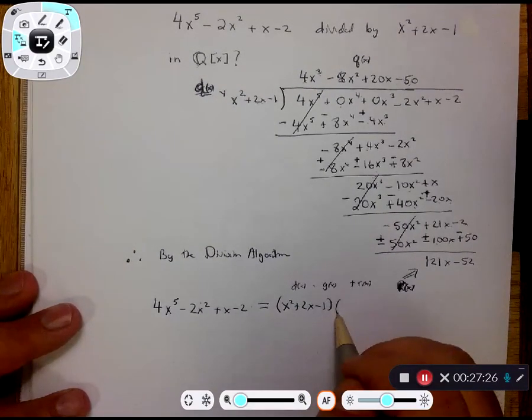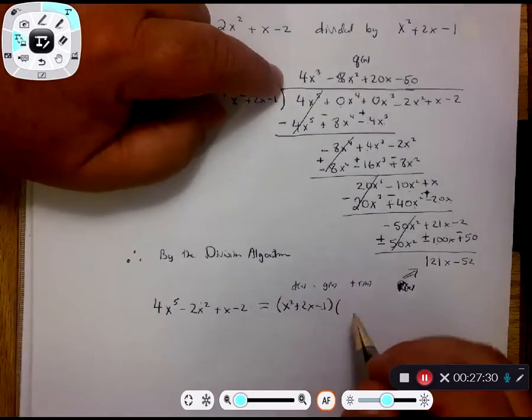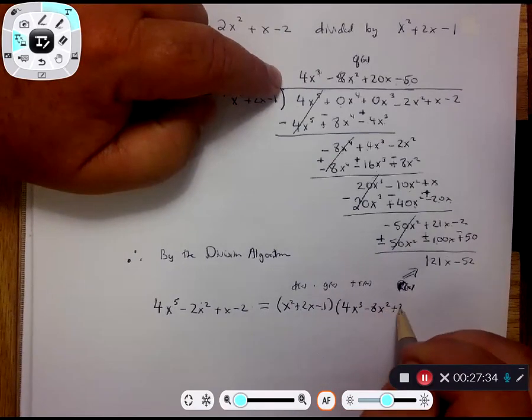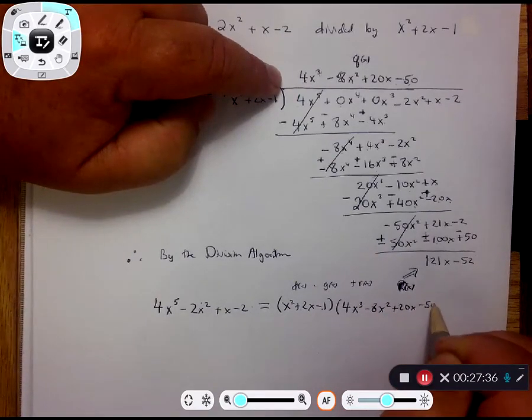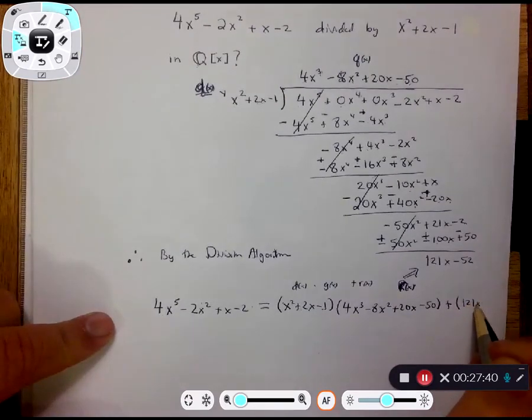So the divisor was x squared plus 2x minus 1. The quotient up here is 4x cubed minus 8x squared plus 20x minus 50, plus the remainder of 121x minus 52.